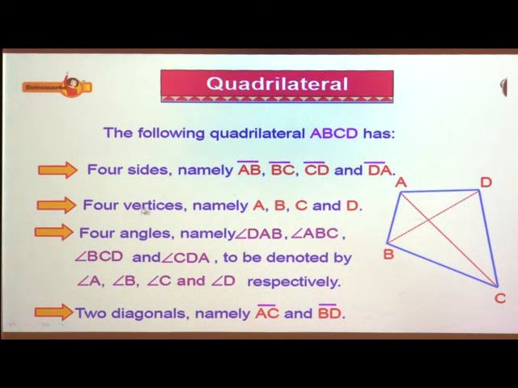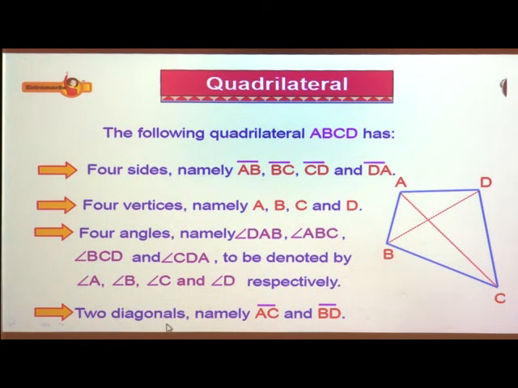This quadrilateral also has four vertices: A, B, C and D. This quadrilateral forms four angles: angle DAB, angle ABC, angle BCD and angle CDA. These angles are denoted by angle A, angle B, angle C and angle D. Two diagonals, namely AC and BD, do not lie on the same side.